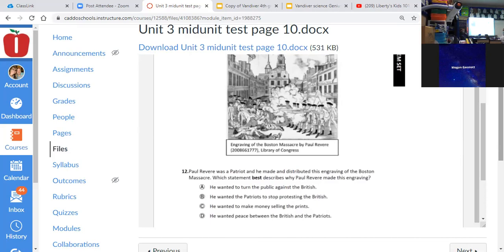We did. But just like our media today, and you might not even realize it when it's doing it because it's subtle a lot of times. Our media today often will try to influence our opinions. That picture was meant to influence colonists' opinions against the British. Pictures do that.